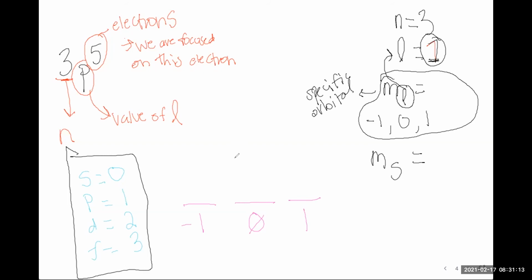Now, how many electrons do we work with? 5. Right. So according to Hund's rule, we need to make sure we fill out 1 electron in each orbital first, and then if there are leftovers, we fill out the rest.